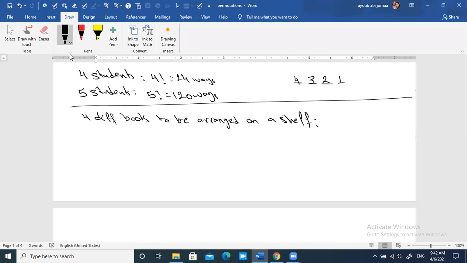How many ways can you arrange these 4 books on a shelf? Suppose you have math, physics, chemistry and biology. You have these four books and you want to put them on the shelf. In how many ways can you arrange them? In the same way, 4 factorial, which is 24 ways.